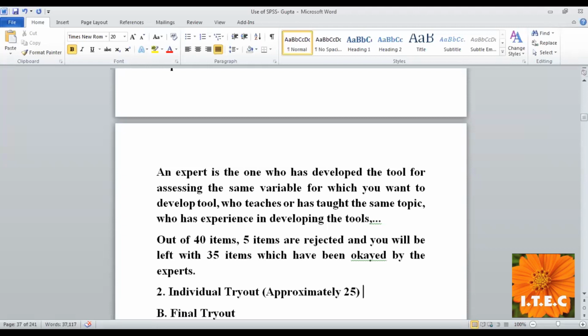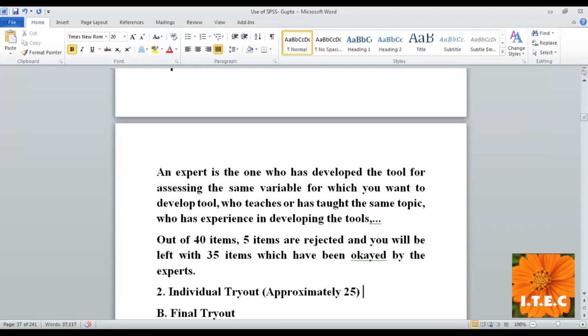If it is a hospital, you take permission from the administrator of the hospital. If it is a school, take permission from the principal. If it is a college, take permission from the principal of the college. If it is a university department, take permission from the head of the department.